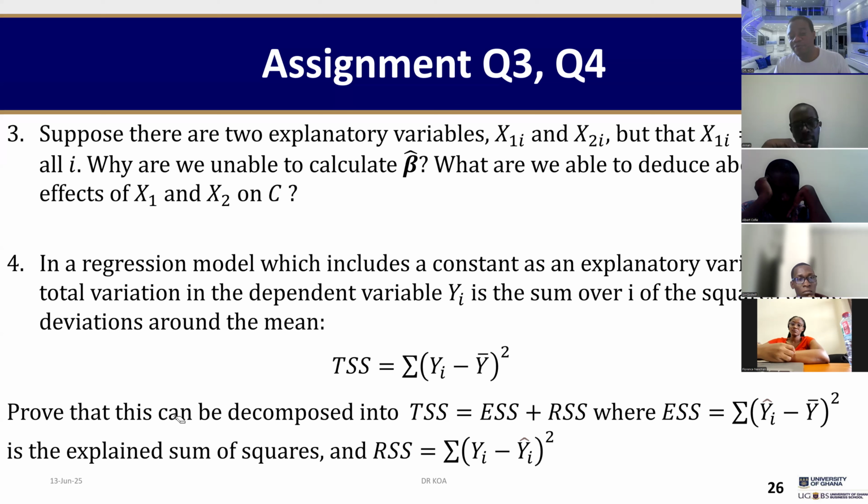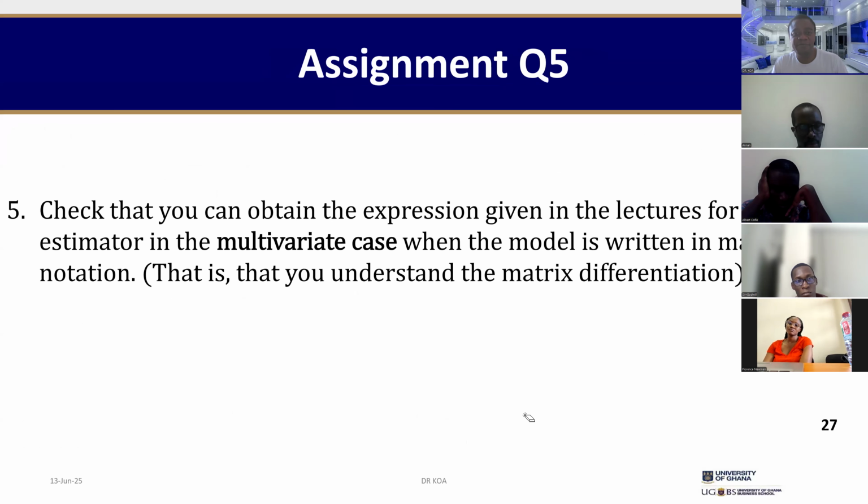Yours is to prove that this TSS can be decomposed into the explained sum of squares and the residual sum of squares, where the explained is this and the residual is that. I didn't prove that, but you should be able to easily prove that. Prove that this is equal to that. What makes this equal to that? Starting from here, yes, to prove that.